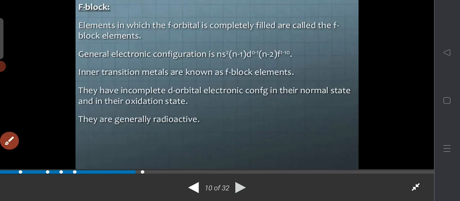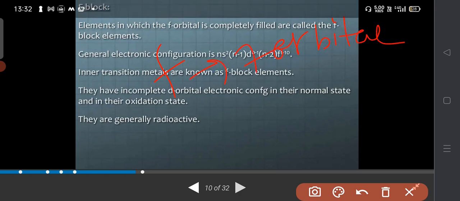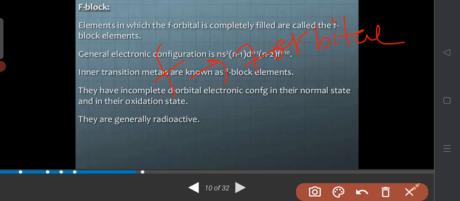So I am coming to the next and last, the f block elements, which have this kind of general formula. They will have f orbitals. If the f orbital contains 1 to 14 electrons, it will be 14 at most, because the f orbital can contain a maximum of 14 electrons. It has the capacity of 14 because it has 7 orbitals, and every orbital can contain 2 electrons, so 7 into 2 is a total of 14.